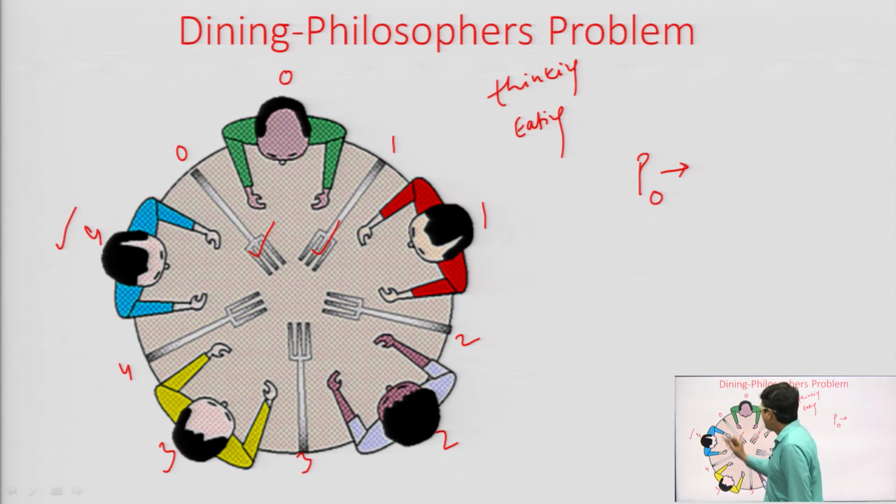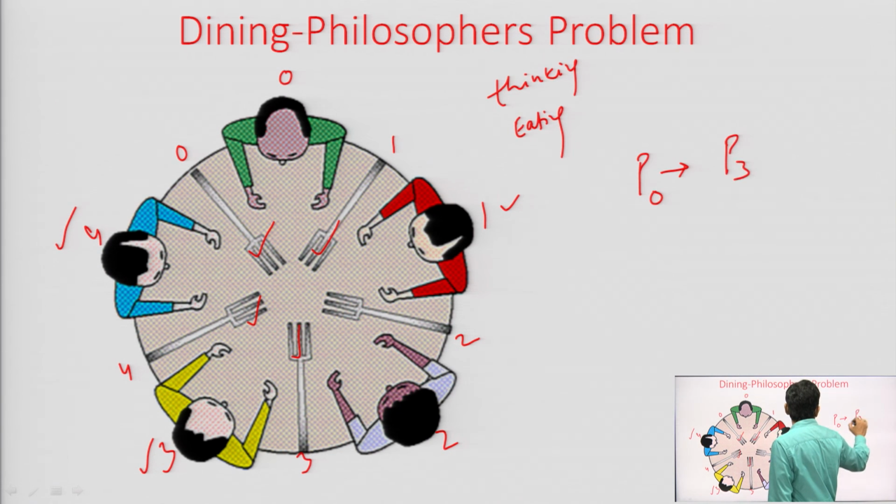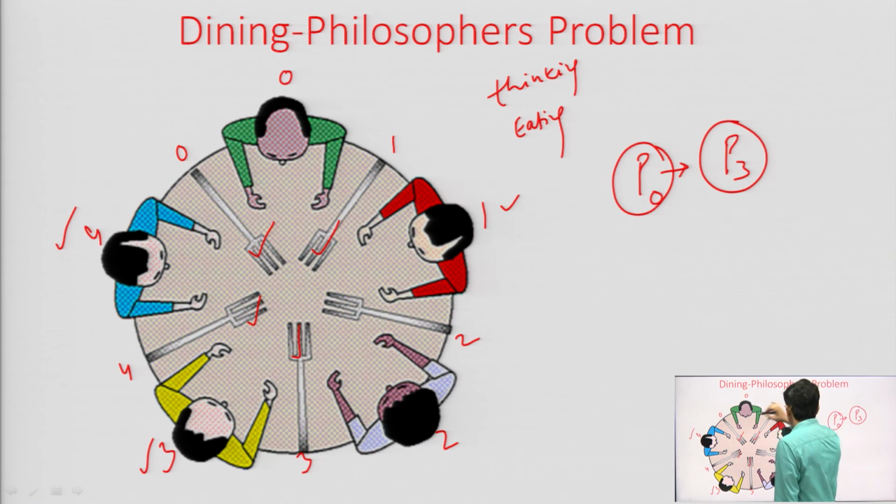Then neither 4 nor 1 can enter the eating state, but 3 can, because 3 has access to its 2 forks. So, P3 can enter. So, 2 philosophers can be in the eating state at the same time, but not more than 2, because both left and right forks are required for entering the critical section.